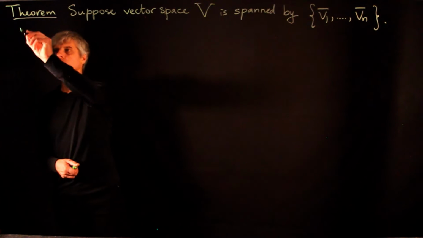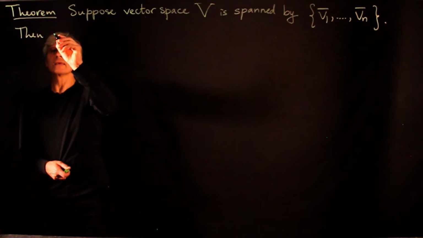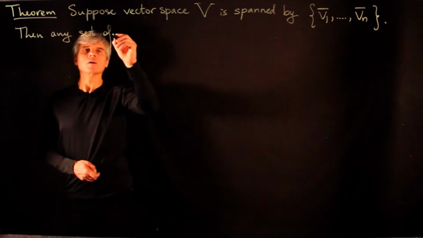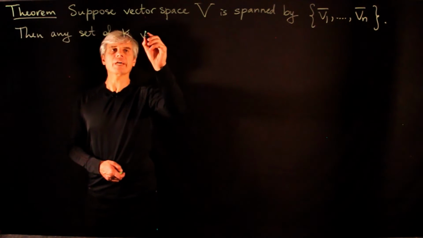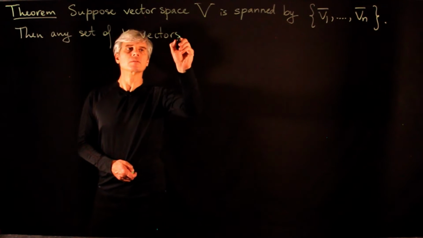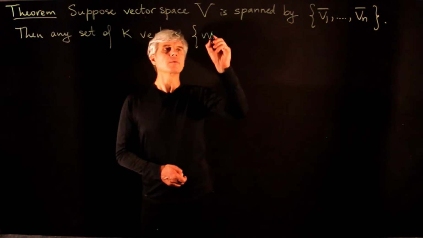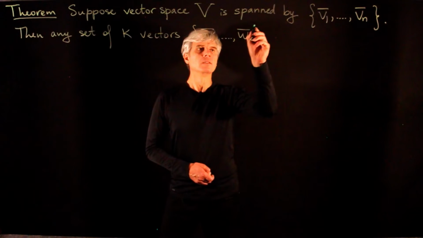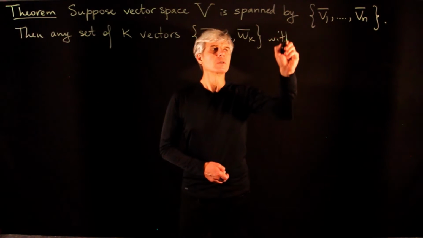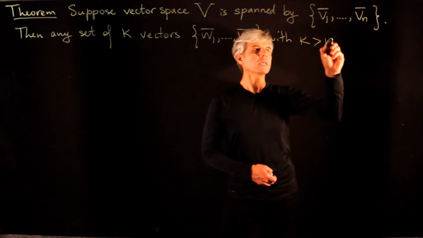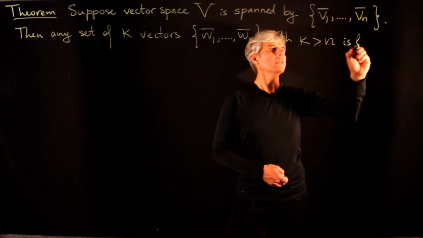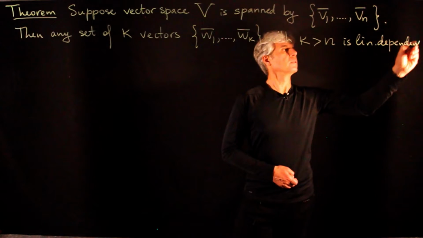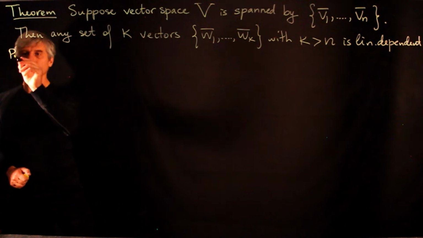Then any set of k vectors w1 through wk with k greater than n is linearly dependent. So, proof.